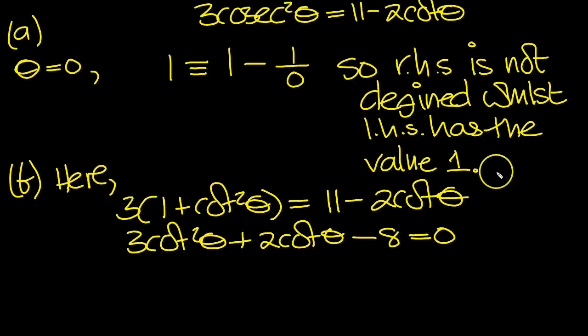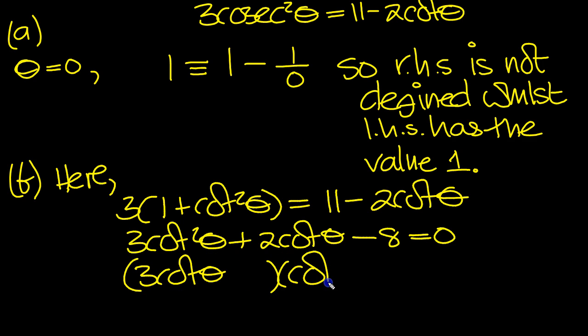Now we can factorize. It's got to be 3 cot and cot, hasn't it? 4 2's it probably is, isn't it? 2 of these and 4 of these. And then if we have minus 6 plus 6 minus 4, that will give us plus 2, won't it?